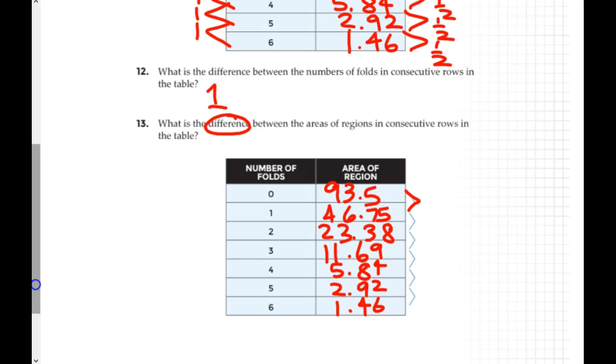If you take away half from a whole, you're left with the half still, right? But this is half of this, and this is half of this, right? So 93.5 minus 46.75 is actually 46.75. 46.75 minus 23.38 is 23.38, okay? When we round. So again, all these differences are the next half, essentially.